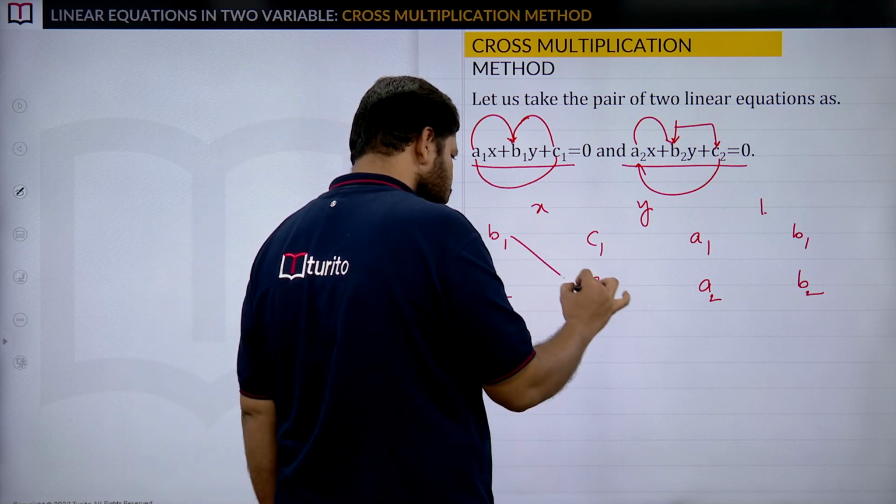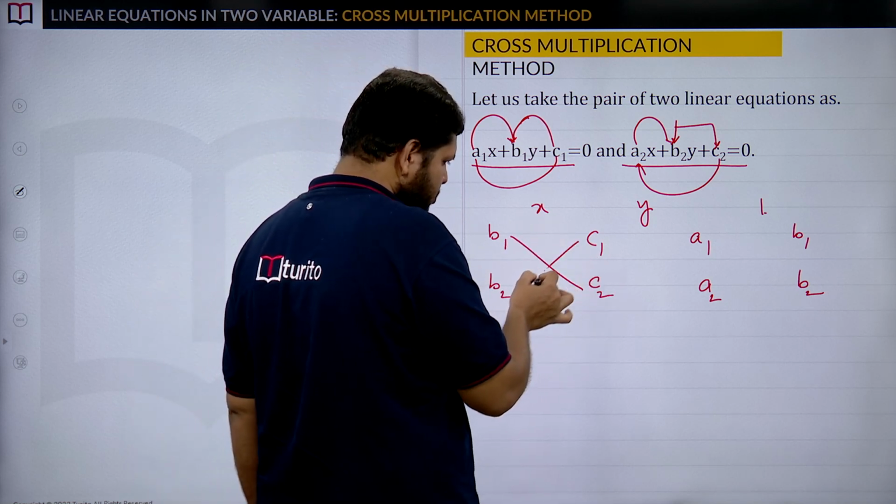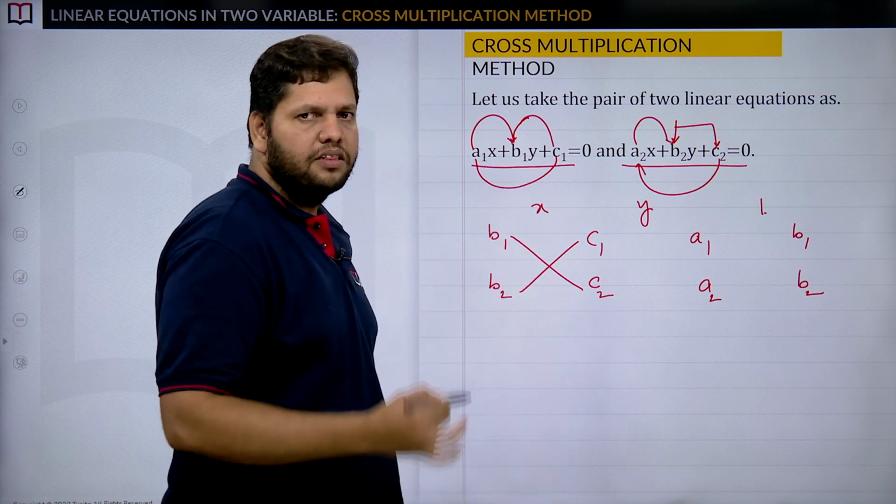Multiply these two first, then multiply these two second, then find the difference.